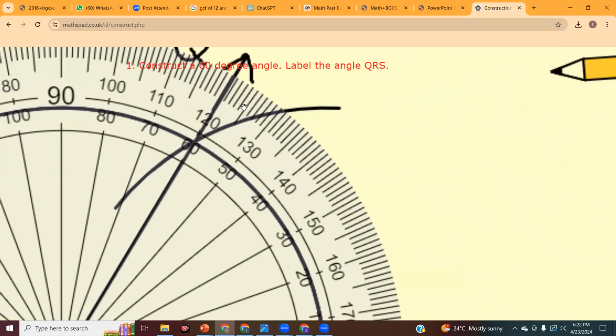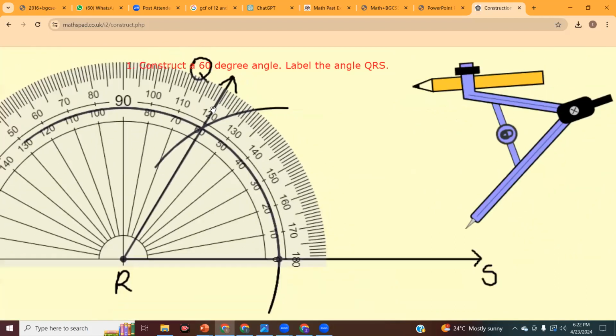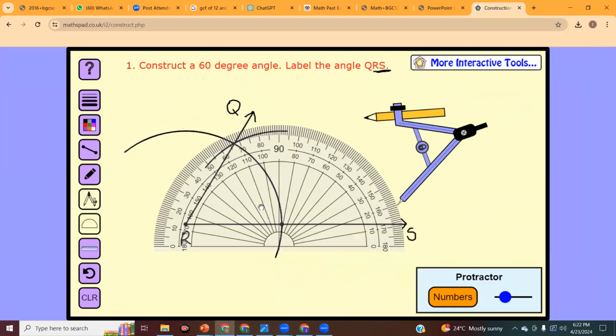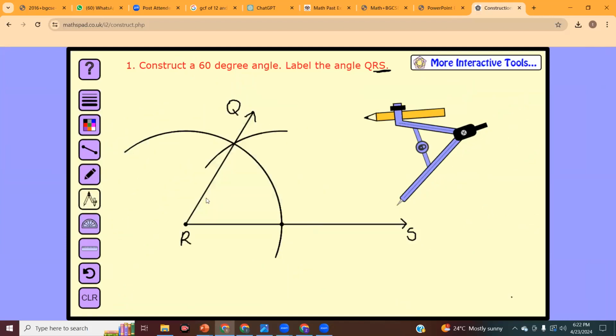Yes, 55, 56, 57, 58, 59, and 60. Yep, exactly on 60. And that's our answer. That's how we go about constructing a 60-degree angle, labeling it QRS. All right.